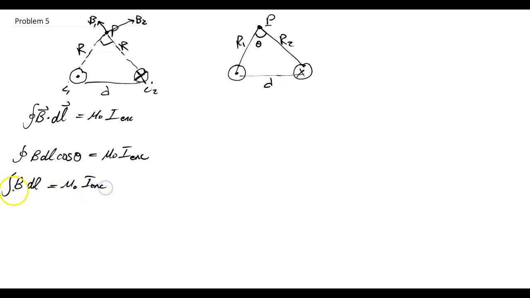And if we complete this process, we can say that this is B integral of dl equals mu naught I enclosed.